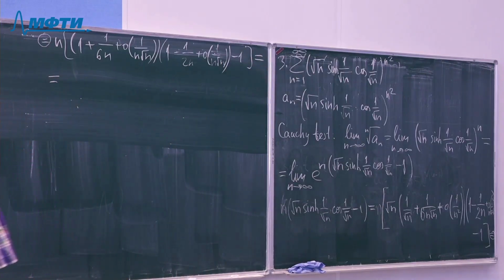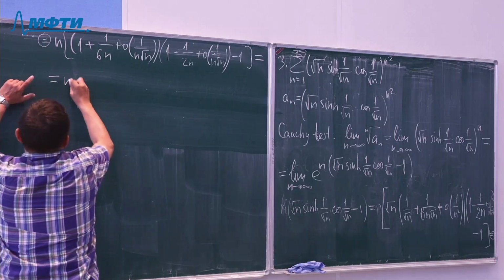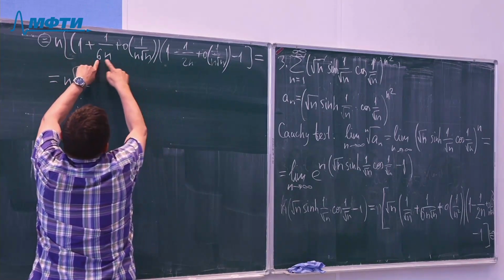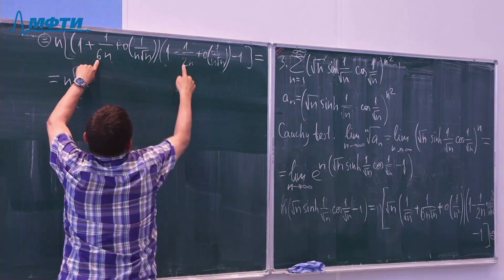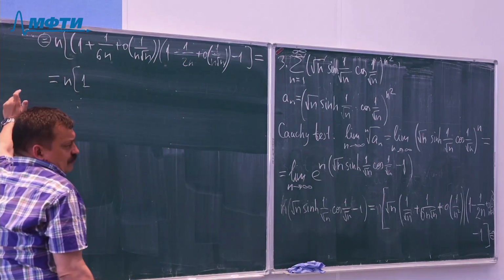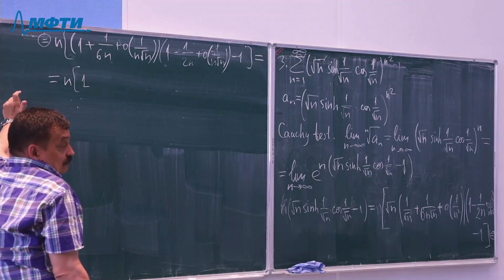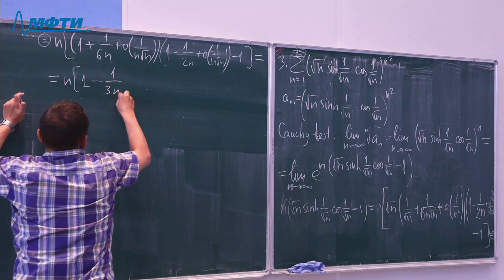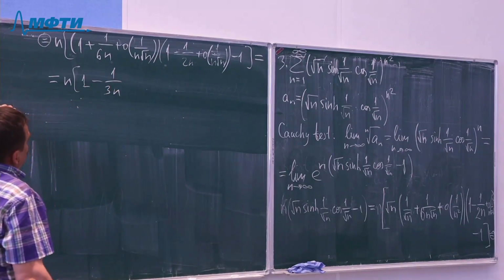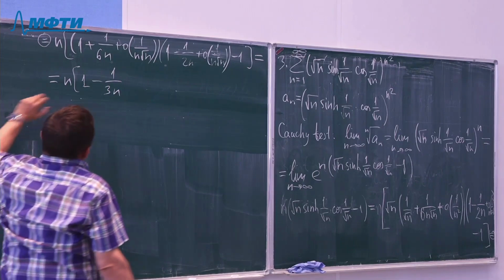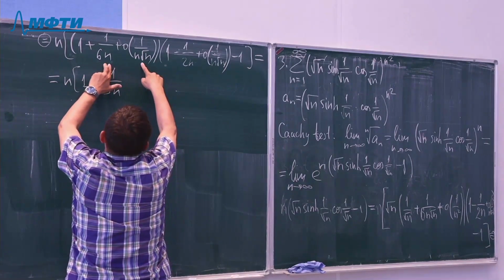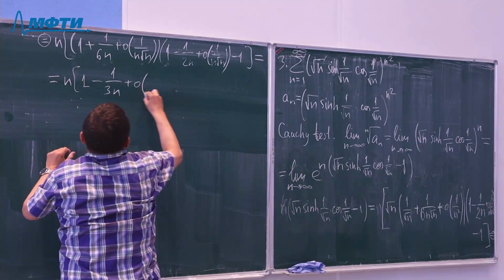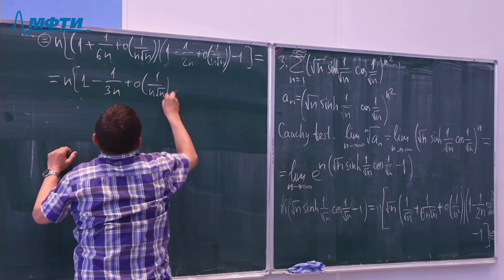That is, okay, open brackets, it gives 1 plus 1 over 6n minus 1 over 2n, and gives 3 minus 1, 2, 1 over third n, over 3n, sorry, right? Minus 1 over 3n, and then all other powers will be little o of 1 over n square root of n.